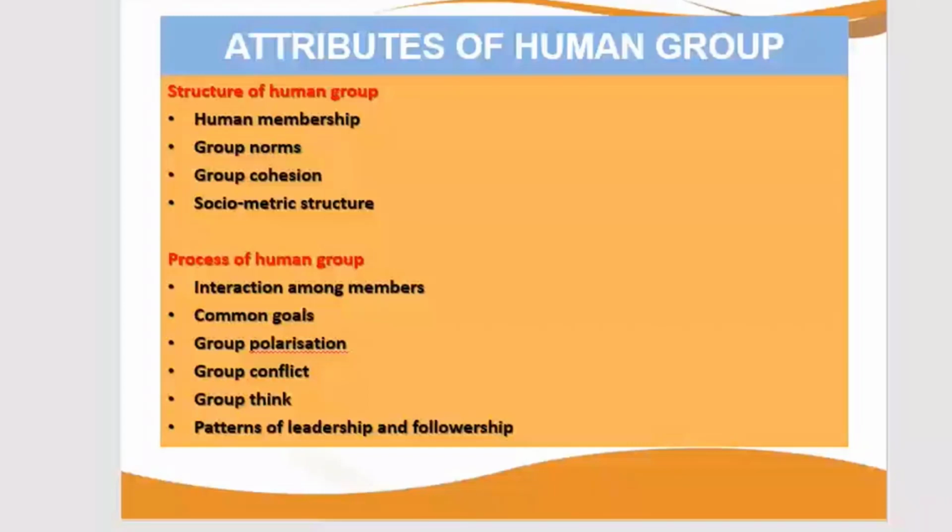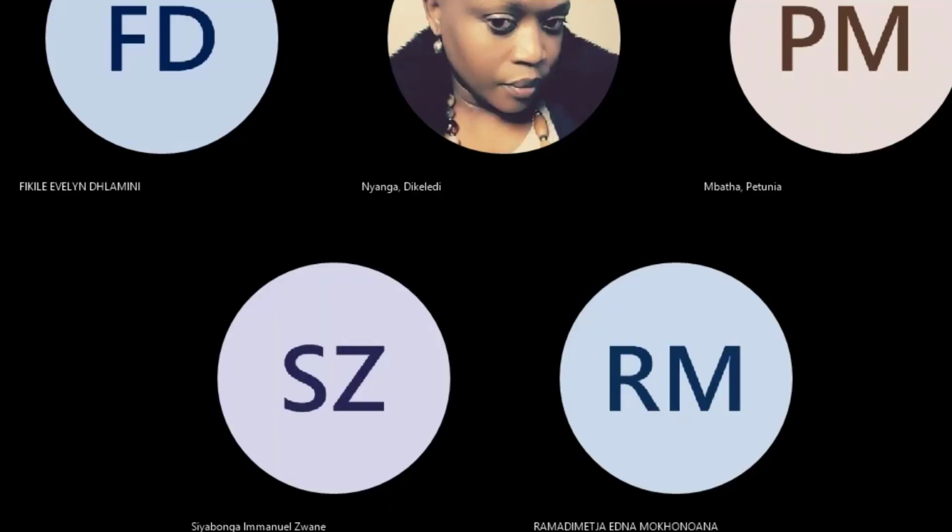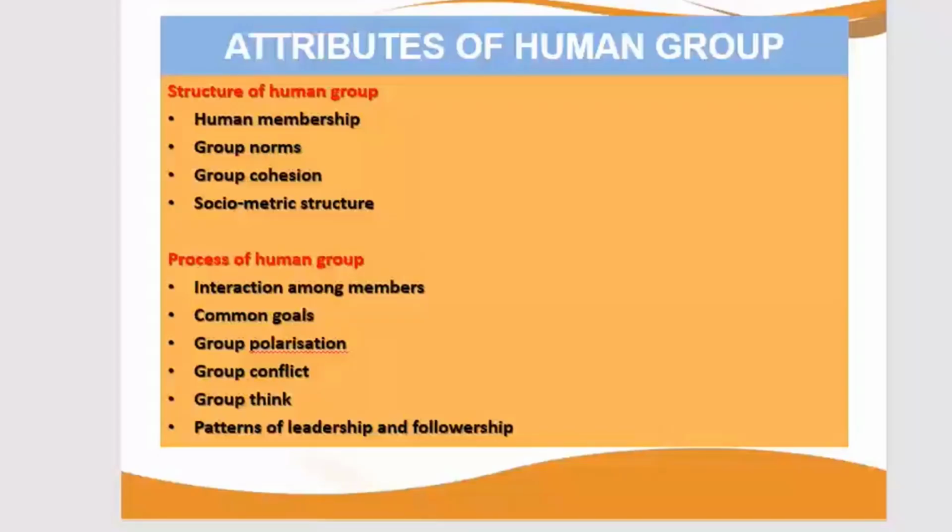Let's go back to the main slide. So here, attributes of human groups. In summary, they say structures.